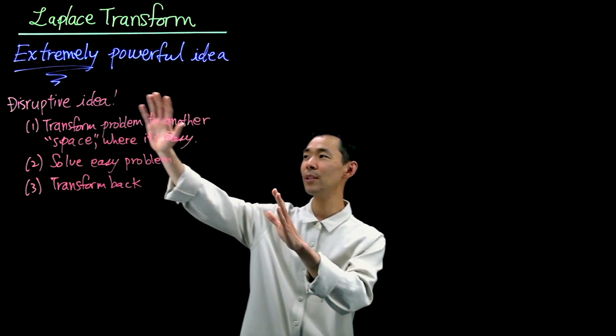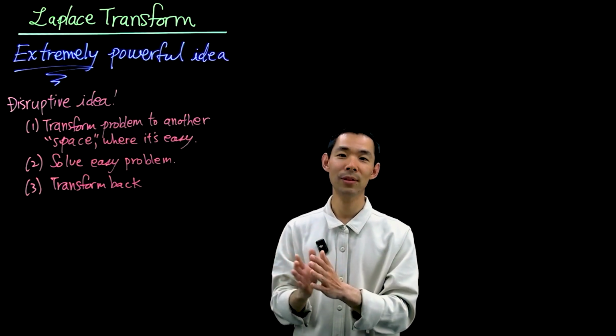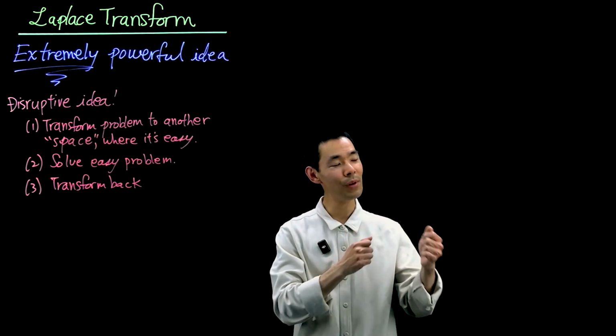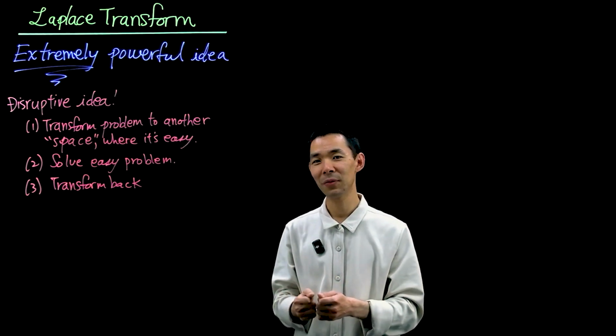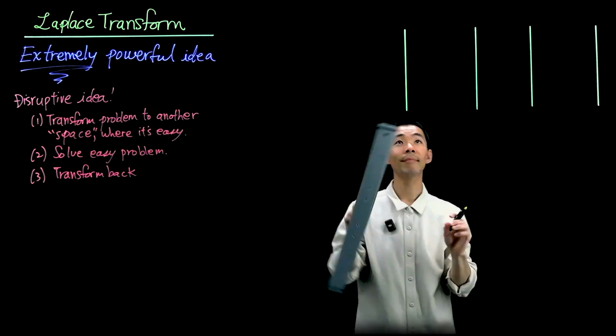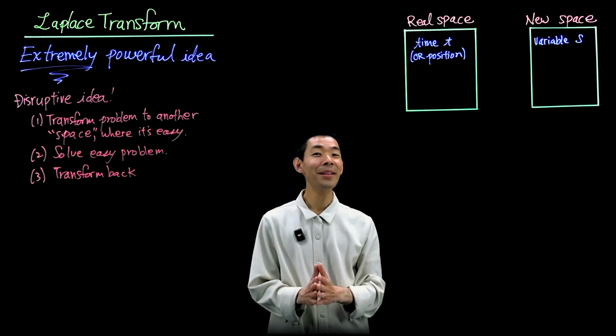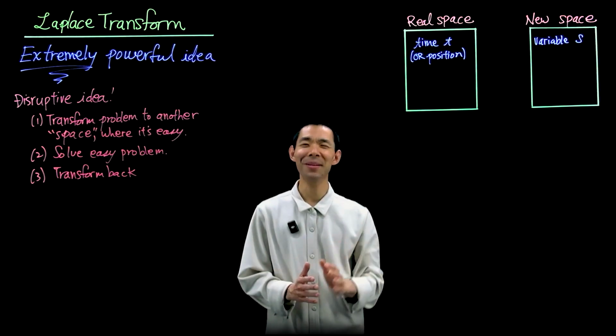But let me just first explain more of the concepts, graphically, what we're about to do. And with that, you'll be able to put into context a little bit later on what we're doing with Laplace transforms. Let me just draw a quick picture of what we are doing. Let's graphically draw what we're talking about.